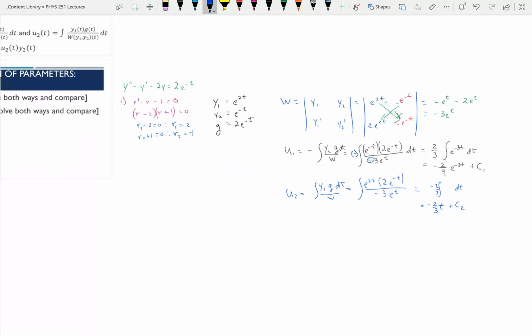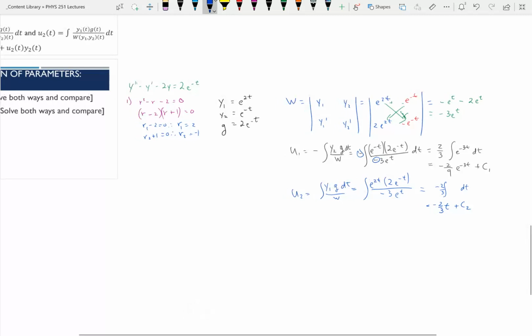I'm going to have y equals, so I put u1, minus 2 over 9 e to the minus 3t plus c1, times y1, e to the 2t. So there's my first one, plus u2, minus 2/3 t plus c2, times e to the minus t.